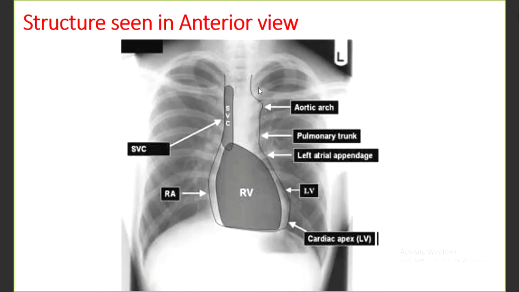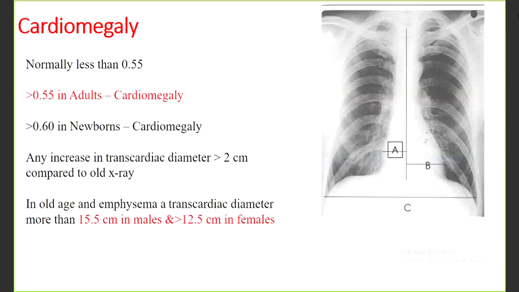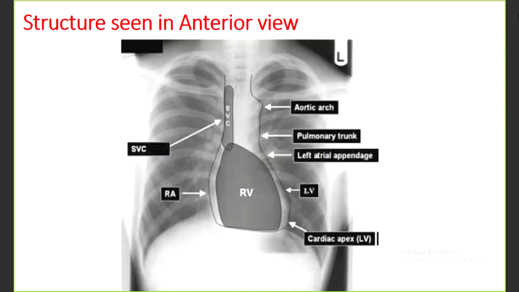And when we go through the left border of the heart, we see the prominent aortic knuckle, which is the distal end of the aortic arch, and then below it the pulmonary trunk, and below it the left atrial appendage, and below it the left ventricle, and then the cardiac apex.